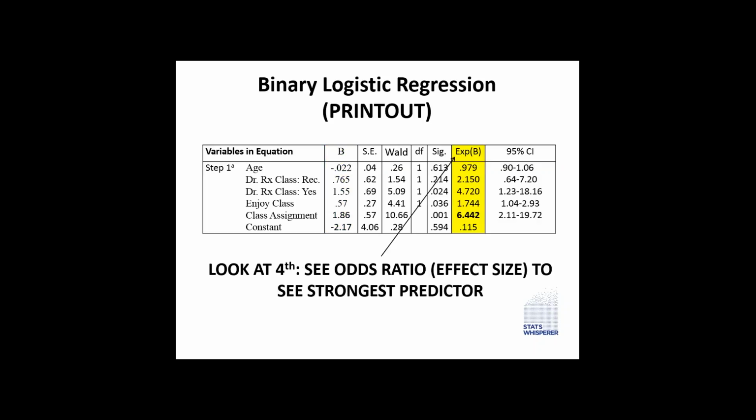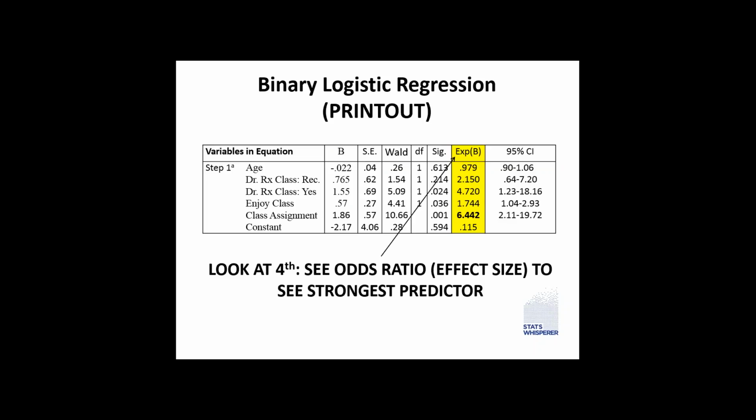Now we look at the effect size. The odds ratio is the actual effect size for the test. So the biggest odds ratio is the biggest effect size in predicting the dependent variable, attending classes at 3 or more days a week. And we could see the biggest odds ratio is under class assignment.